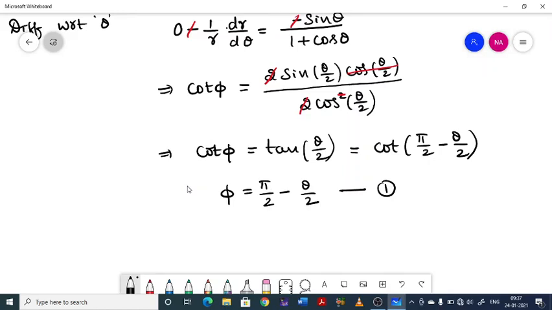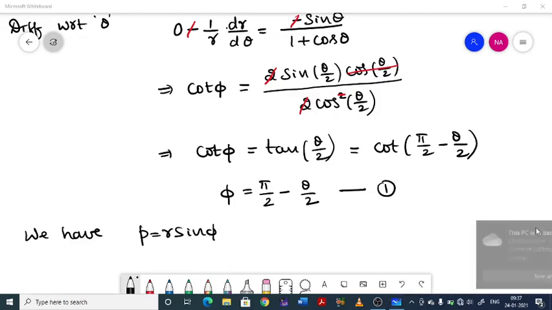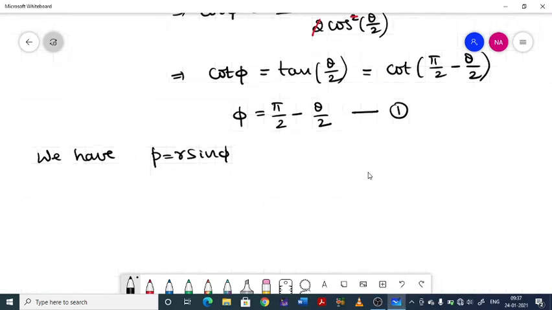So I can use p equal to r sin phi. We have p equal to r sin phi. Substituting for phi, we get p equal to r into sin of pi by 2 minus theta by 2.